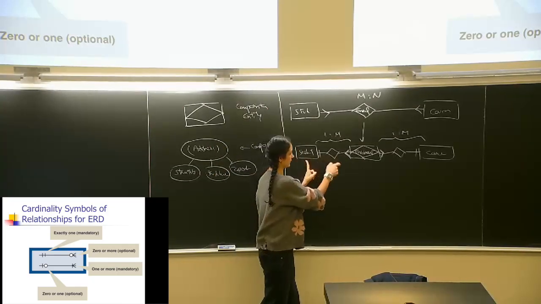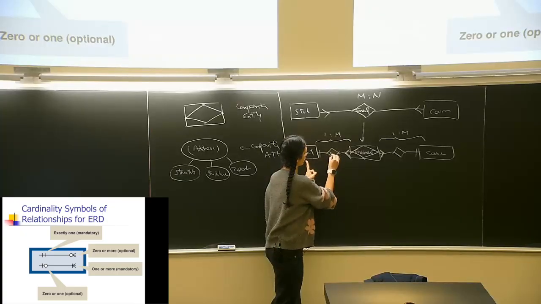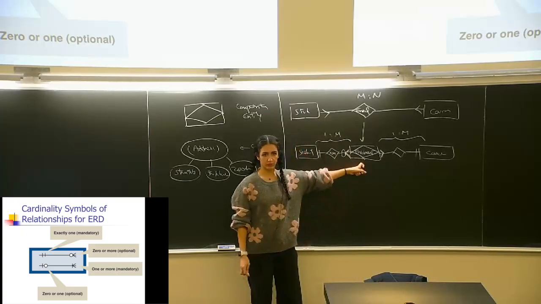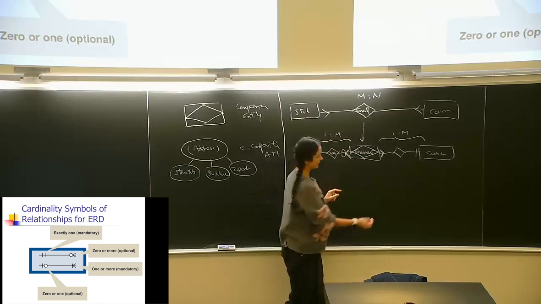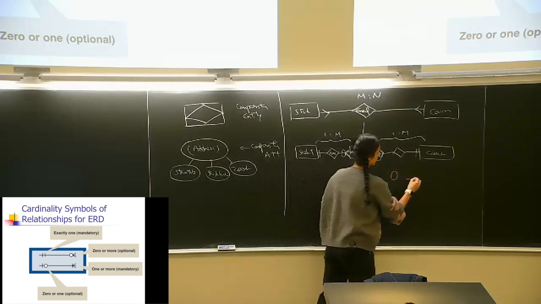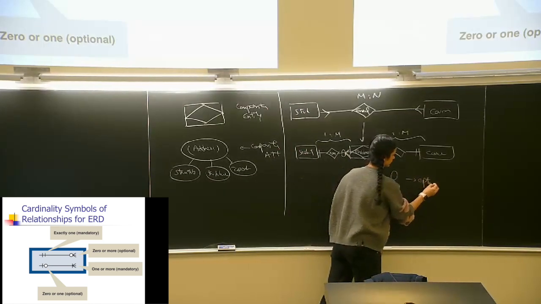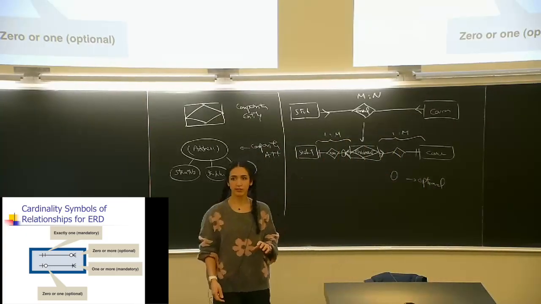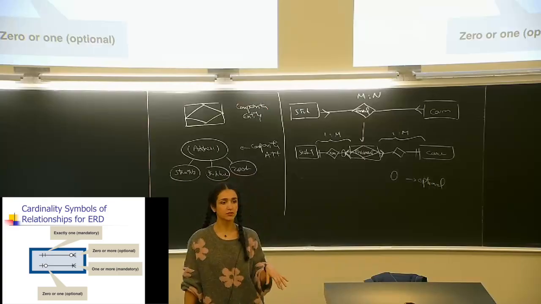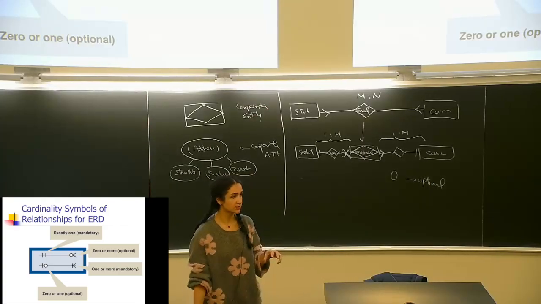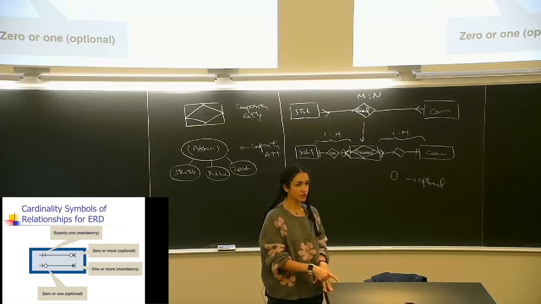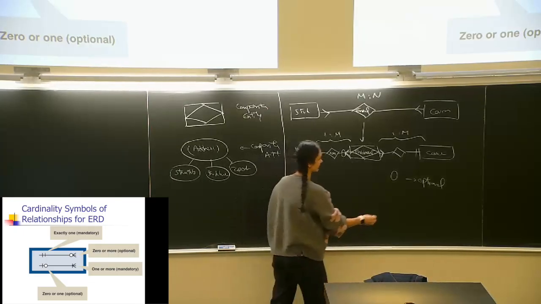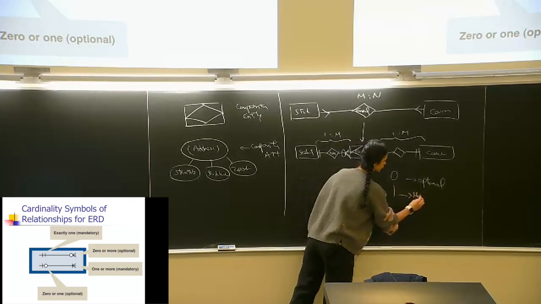So each student can have 0 or more enrollments. So this sign here means optional. And if it's mandatory, like if you say, no, we cannot have a student that is not enrolled in any course, and my assumption is that each student should enroll in at least 1 course, if that's the case, this is mandatory. And this is how you show it.